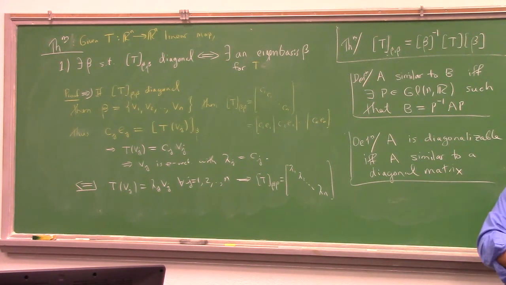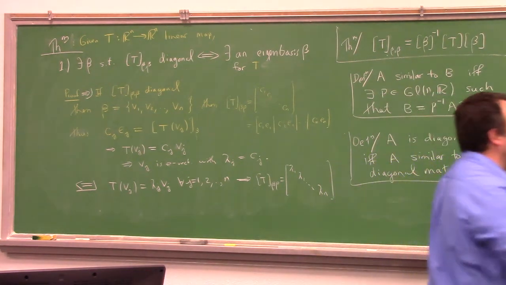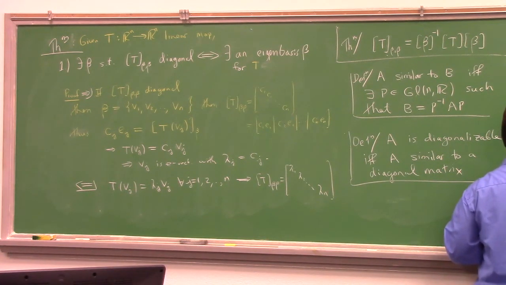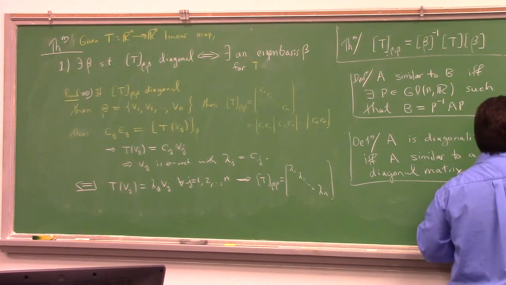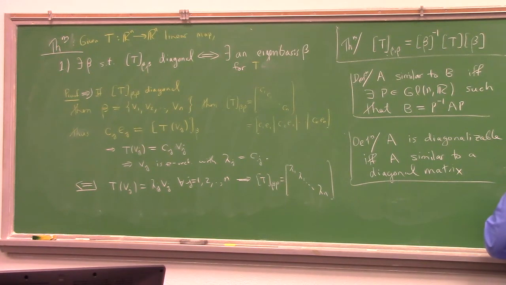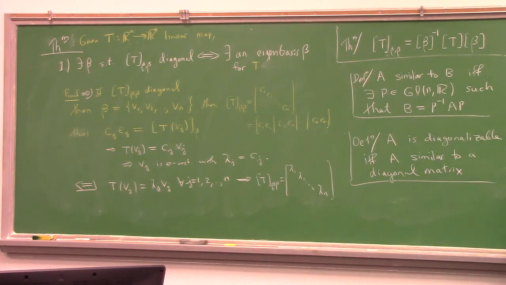So what does this mean? For example, if you have a matrix as an application, right? If A is a 3 by 3 matrix, right? With V1, V2, and V3, right?